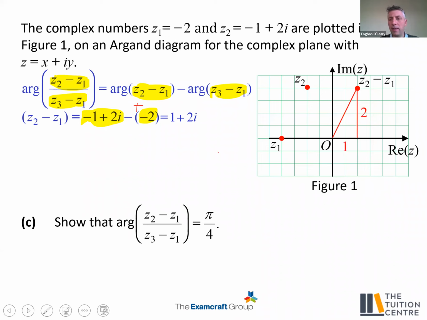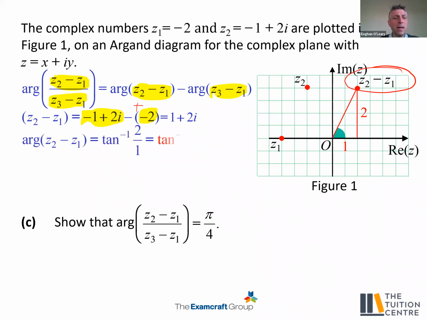You can see that up here, that is z2 minus z1 on the Argand diagram. This is our 1 plus 2i up here.